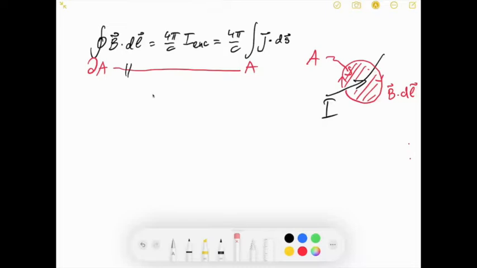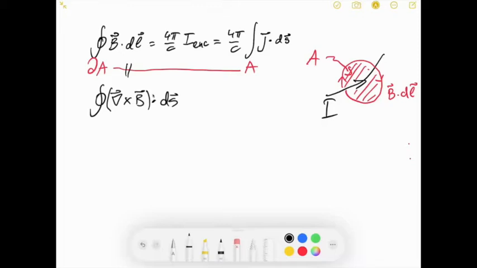So we can rewrite this as a surface integral of the curl of B over that same surface area.